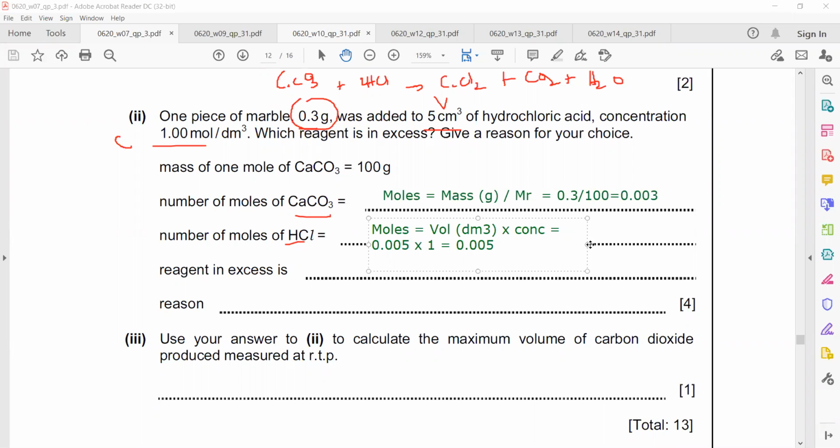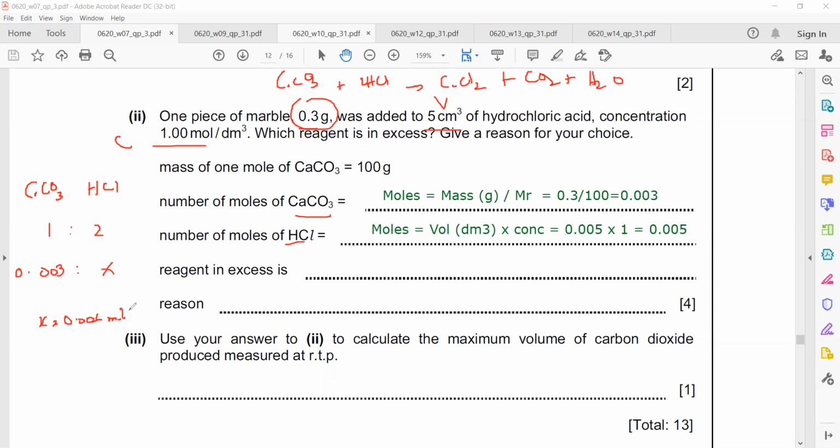Now they're asking which reagent is in excess. To know which one is in excess or limiting, the ratio between calcium carbonate and hydrochloric acid is 1 to 2. So if I have 0.003 moles of calcium carbonate, I need X moles for a complete reaction. So 0.006 moles of HCl are needed.